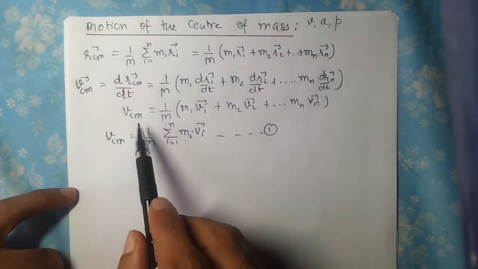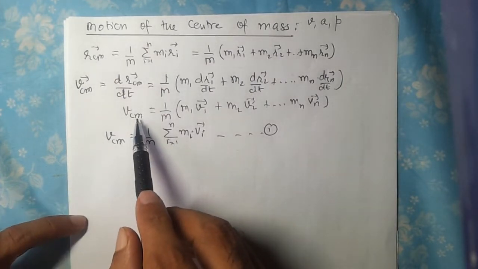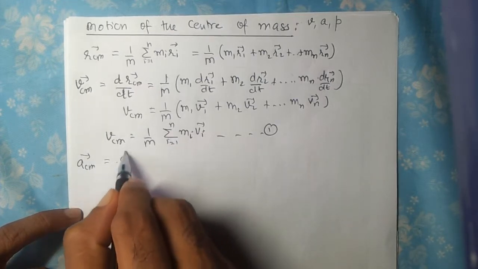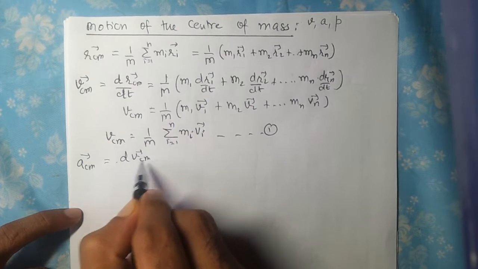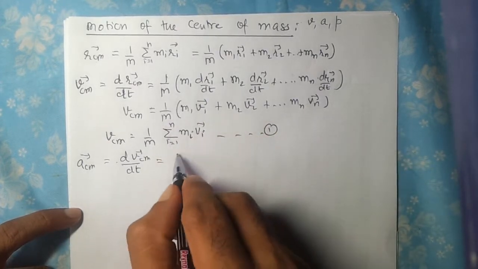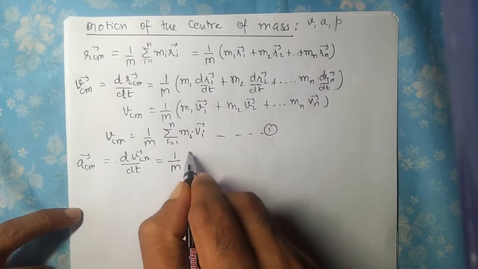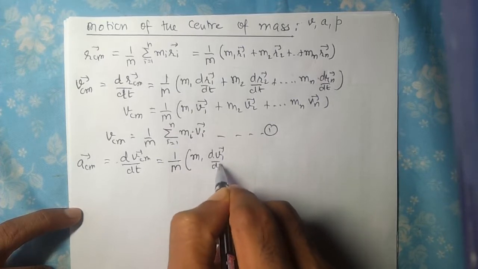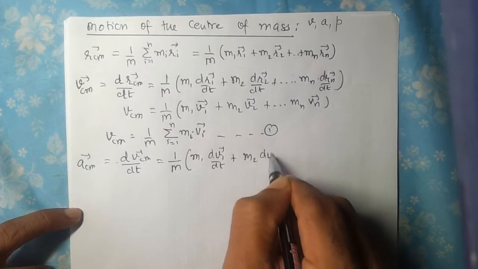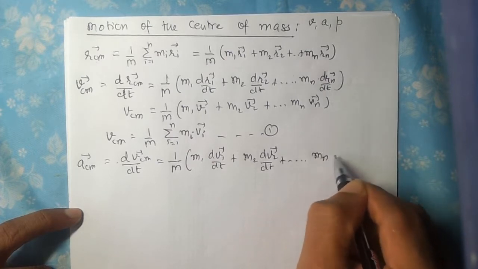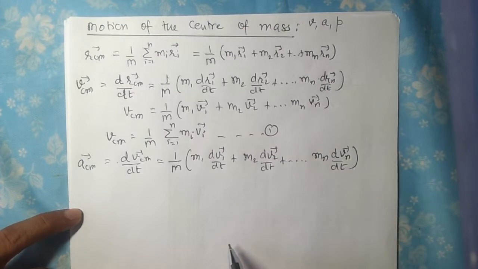Now if I differentiate this equation, velocity, again I'll get acceleration, because acceleration acm is equal to the first differential of velocity, dvcm upon dt. So I'll differentiate this entire term, and again what I'll get is 1 upon M, and m1 and so on are constants. So I'll get m1 dv1 by dt plus m2 dv2 by dt plus mn dvn by dt. Right.